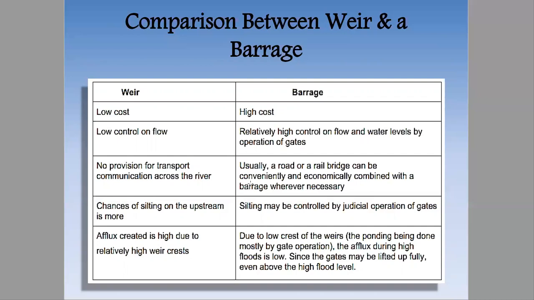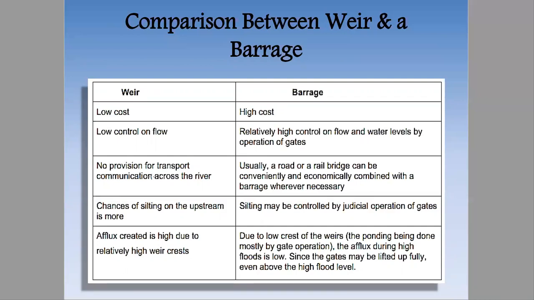No provision for transport communication across the river. Yes, also they cannot be used for inland navigation purposes. But in the case of a barrage, a road or rail bridge can be conveniently and economically combined with a barrage wherever necessary.